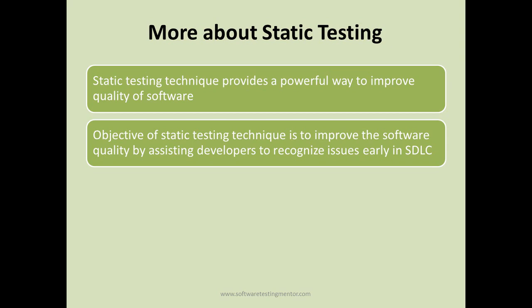Once you review the documents in the initial phases of SDLC, in the requirements phase, design phase or coding phase, and once you review the actual code implemented by the developer to check that it meets the coding standard and follows all the defined development procedures and processes of the organization, then you ensure that minimal defects or minimal issues are introduced in the build or are found in the testing phase.